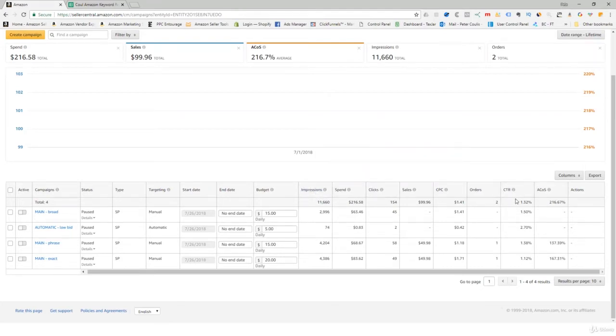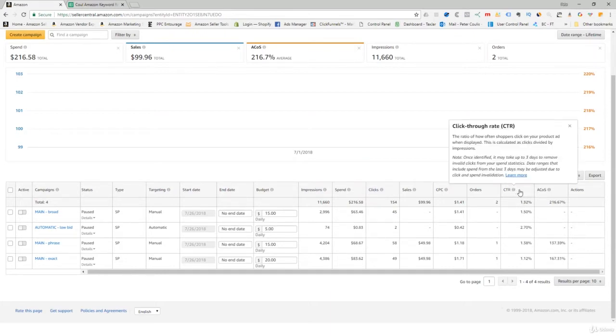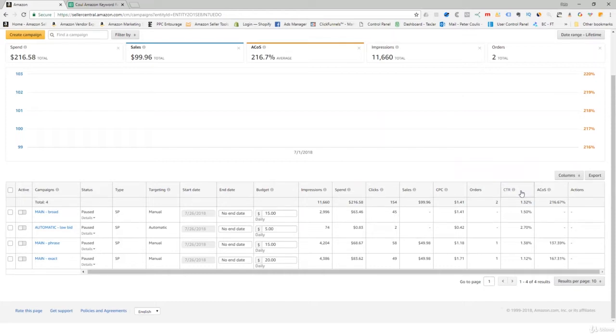And this is a very, very important metric to monitor. Why? Because it can tell us some very telling things about our own product listing. For example, if we have a very high CTR, it's probably a good indication that our main image is on point. Our main image is great. It's capturing the click. It's doing exactly what it's supposed to.